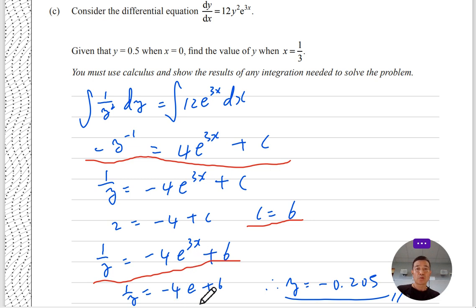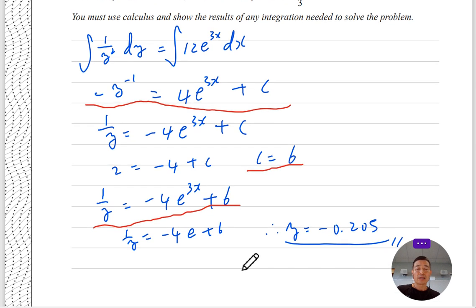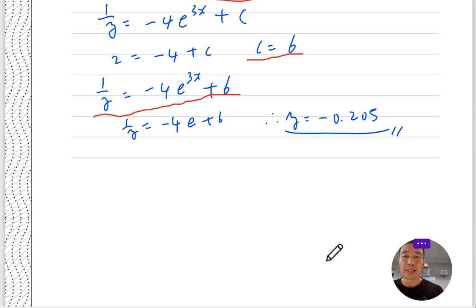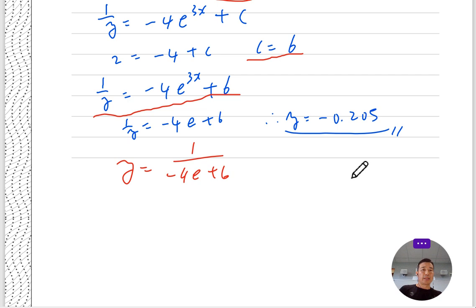So negative 4e plus 6. So you are finding 1 over negative 4e plus 6. That gives me negative 0.245. Okay, so I'm just saying y must be 1 over negative 4e plus 6.